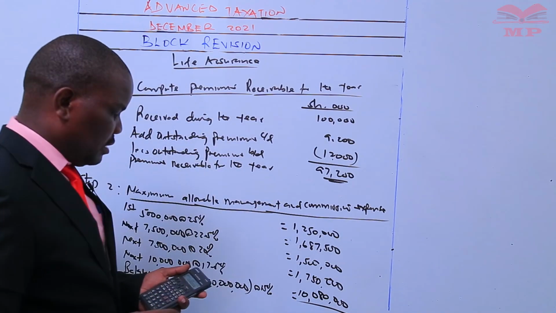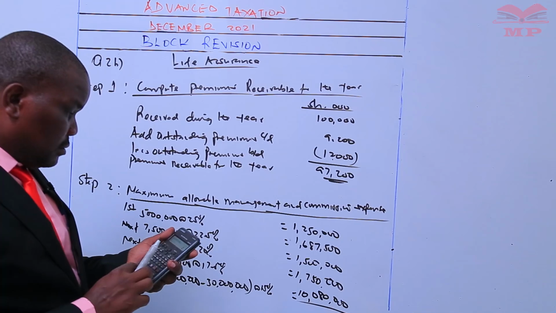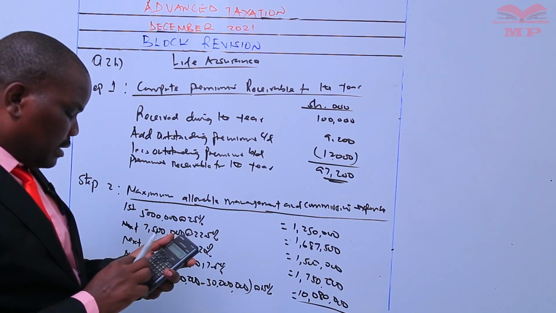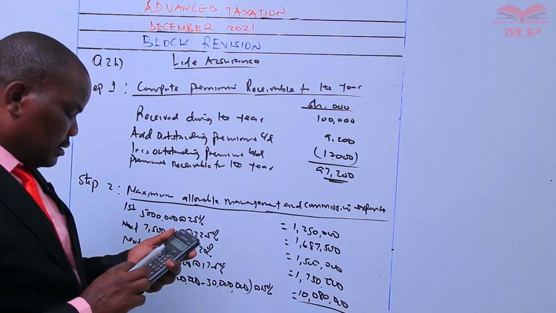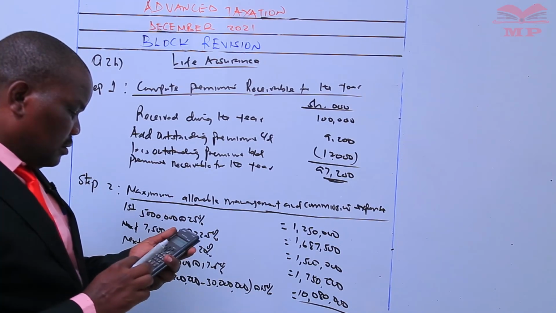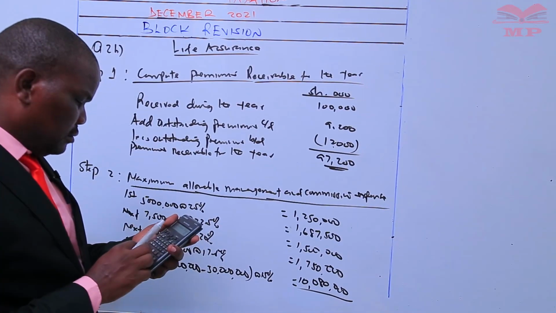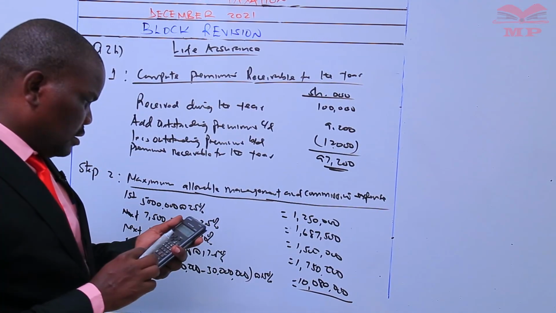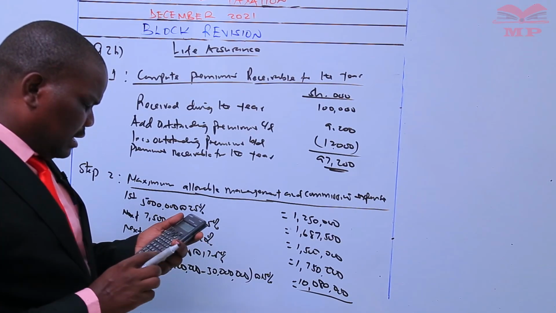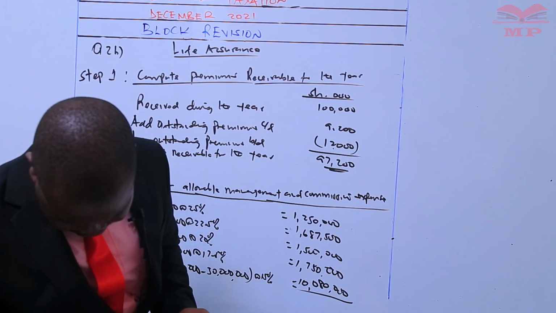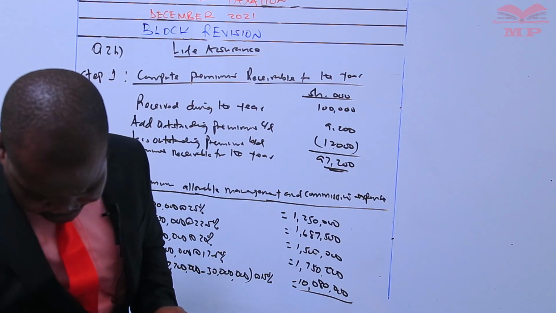Then we get the sum of all this. We have 1,250,000 plus 1,687,500 plus 1.5 million plus 1.75 million plus 10,080,000. I'm getting a total of 16,267,500.